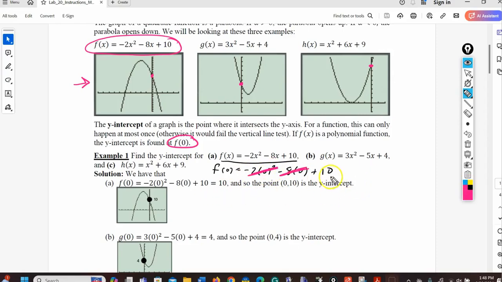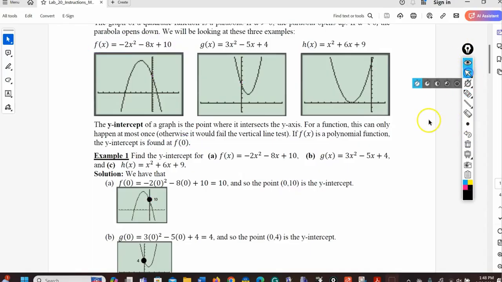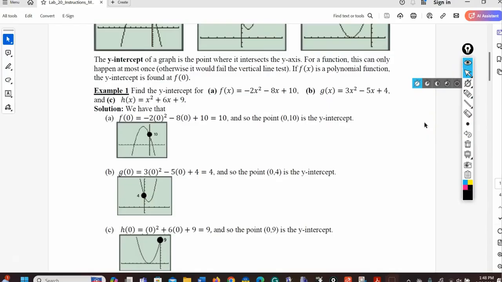So f of 0 is equal to 10, and so the point 0, 10 is our y-intercept. So if we had the formula and not the graph, or the graph wasn't clear at all where the y-intercept is from the graph, this is how you use the formula.